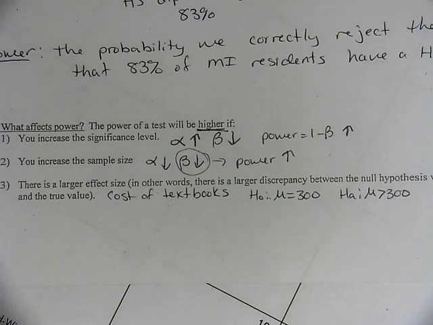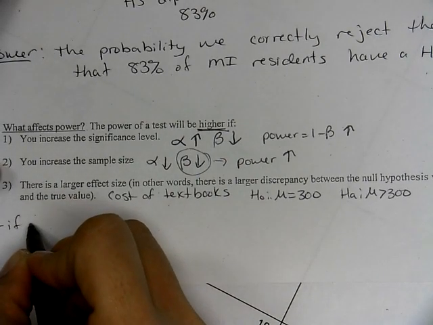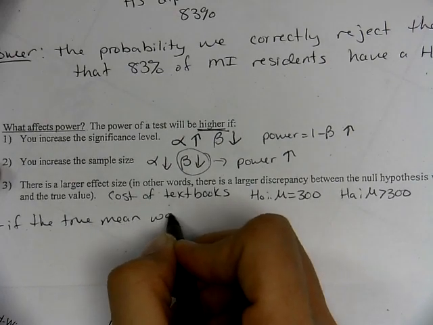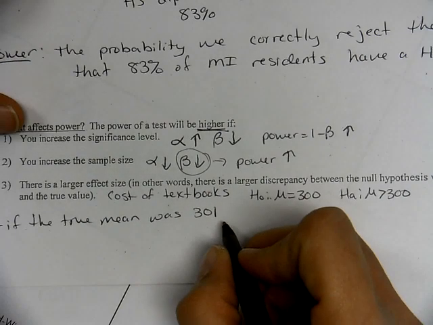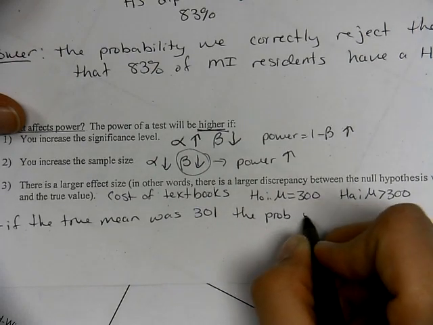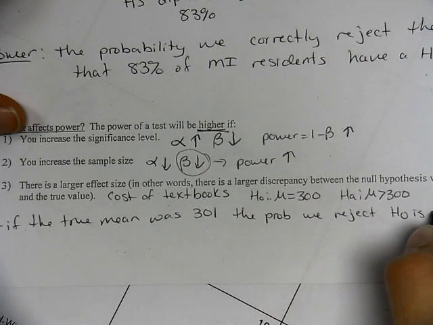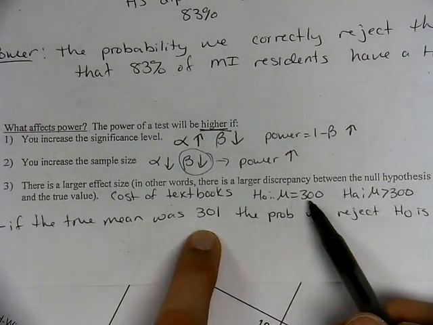Again, what we're trying to find is the true actual cost. So if the true mean was 301, the probability we reject the null hypothesis is not great, because 301 is really close to 300.